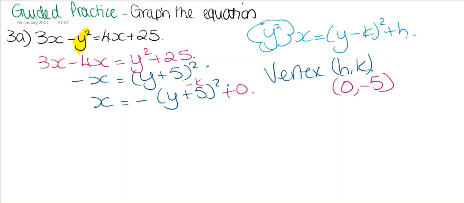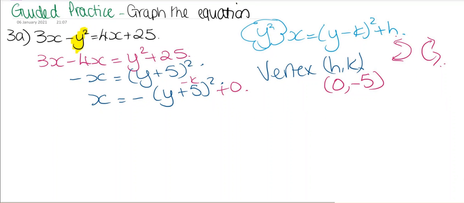Because the graph is going to be facing either to the left or to the right, this is going to shift down. So it's been translated down.